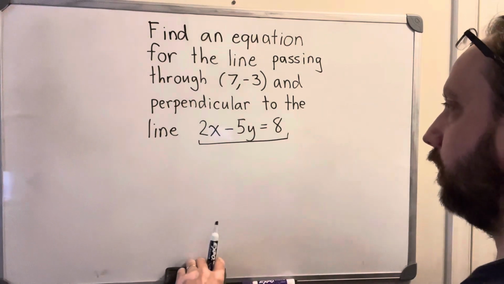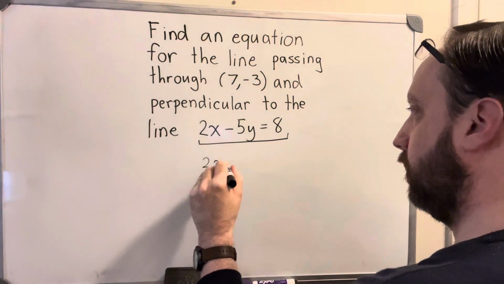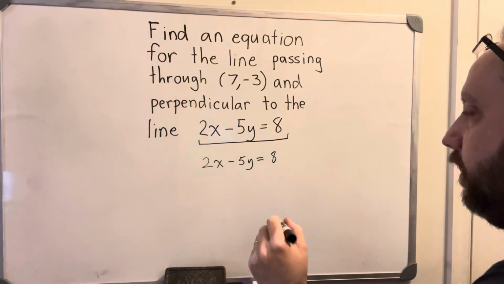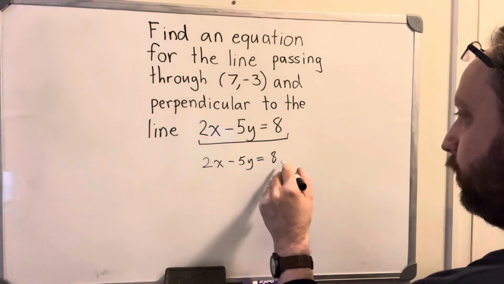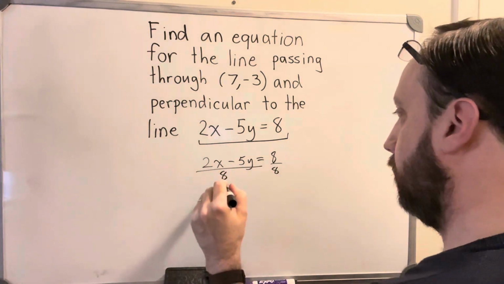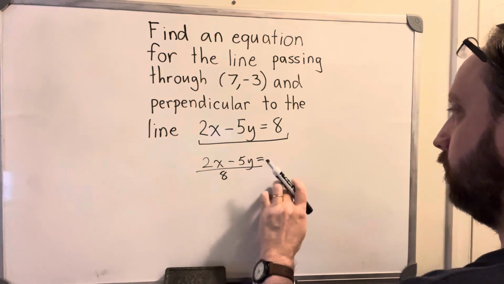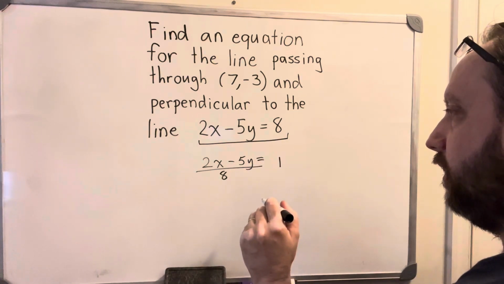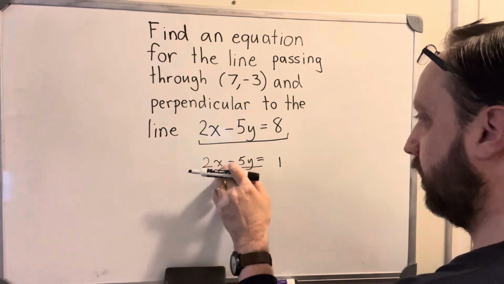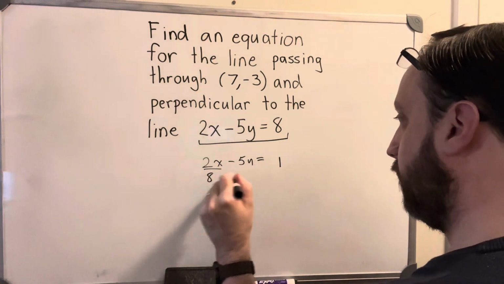So first of all, let's write it. Let's divide both sides by 8. Then this becomes 1. And this, the sum or difference of a fraction, can be written as, well, we can put the denominator on each one.